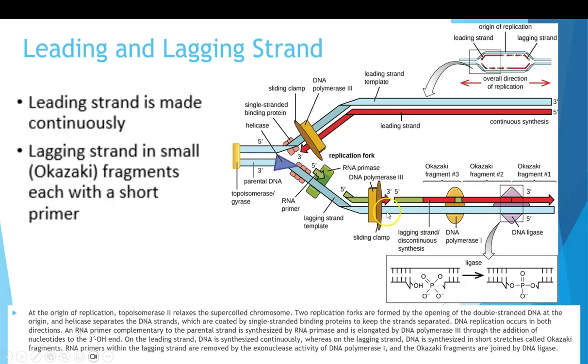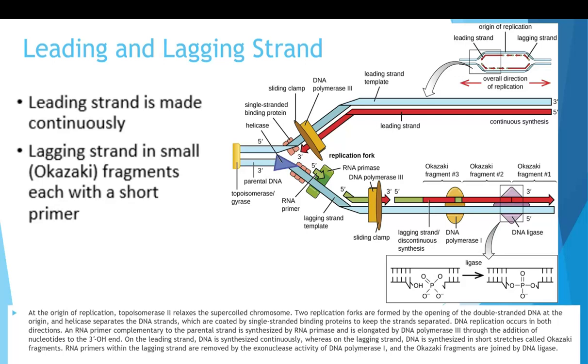But look, because the other strand is in the opposite direction, and the DNA polymerase is going to move from 5 prime to 3 prime, we are not able to make this strand continuously, so we have to make it in the form of small fragments that we call Okazaki fragments.